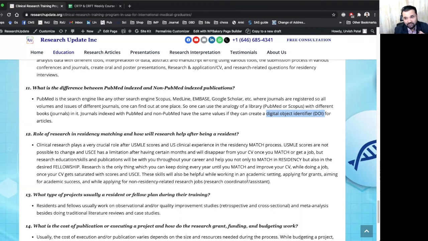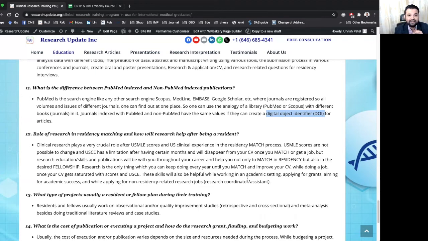Now let's talk about whether research is mandatory only for university programs, or whether research is not important in community programs. I can take this question as, is research important? Research is important in both programs, whether it's a community program or a university program, but the intensity of research will be different.